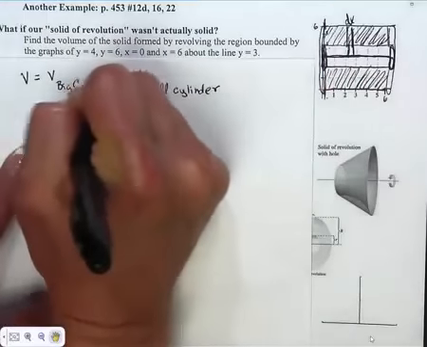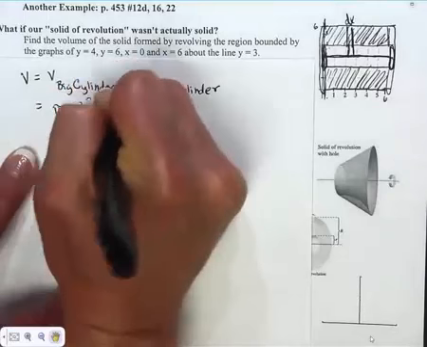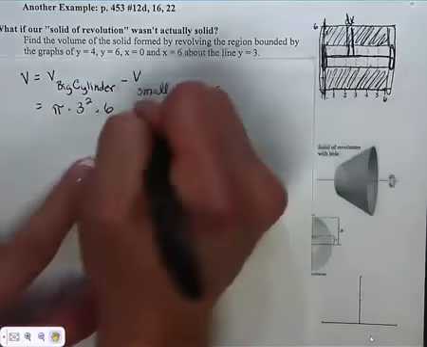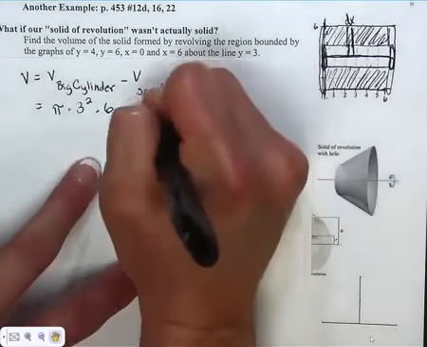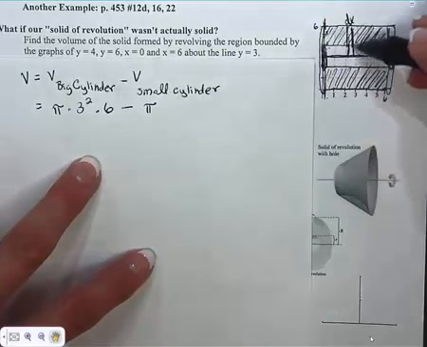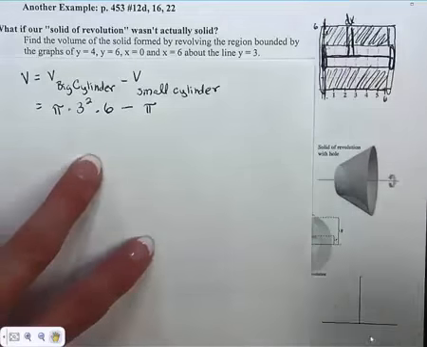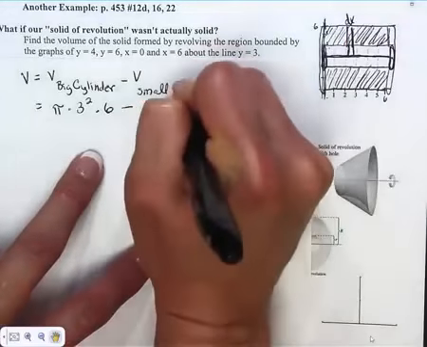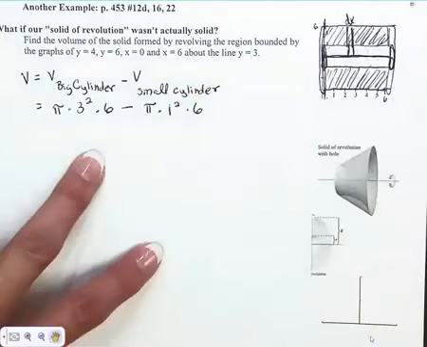All right, so pi r squared times 6. And the volume of the small cylinder would be pi times what is the radius of that core we're cutting out, which is just the 4 minus the 3. And the length is still 6.